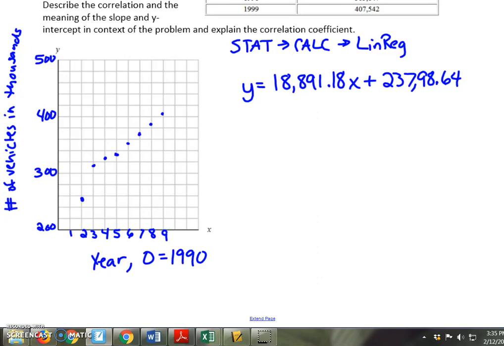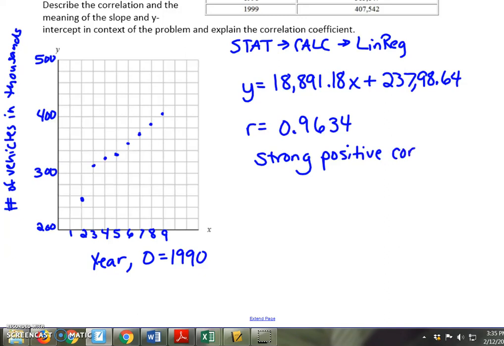Our r value, our correlation coefficient, is 0.964, and that is a strong positive correlation. You can see that on the graph. Our points are pretty linear, and as x increases, y is increasing.